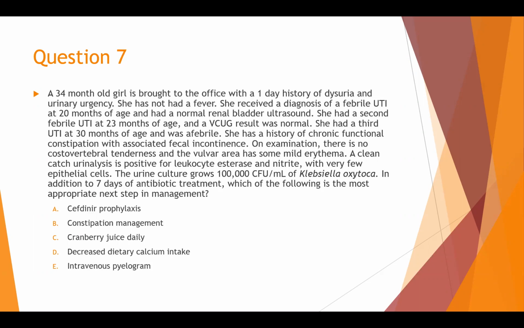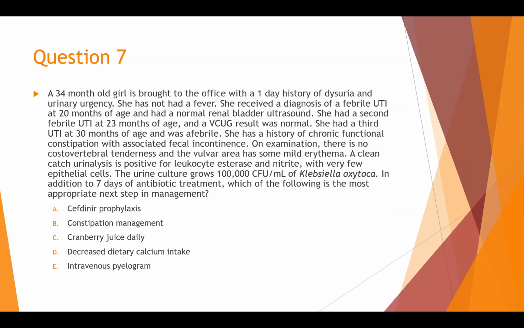34-month-old, 1-day history of dysuria and urgency, no fever. She received a diagnosis of febrile UTI at 20 months, normal ultrasound. She had a second UTI at 23 months. VCUG was normal. She had a third one at 30 months and was afebrile. She also has a history of chronic functional constipation associated with fecal incontinence.